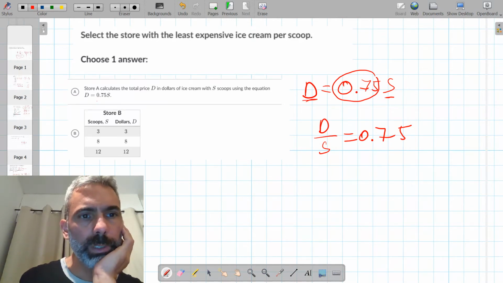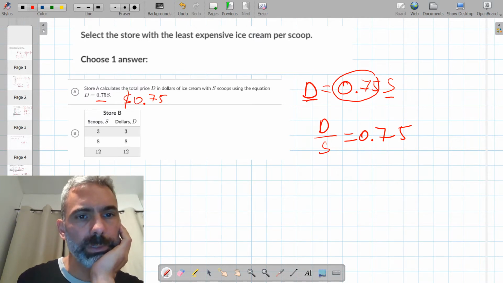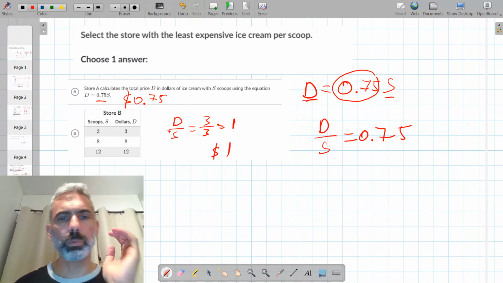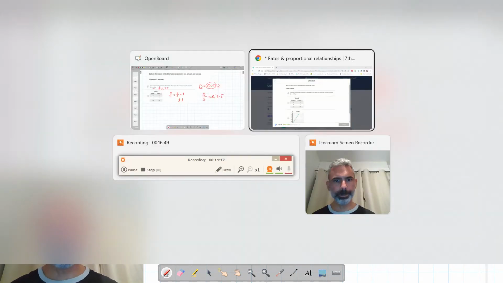So here, 75 cents. Store B, the number of scoops, the number of dollars, so D over S is 3 over 3, which is 1. Okay, here the cost per scoop is $1 exactly.